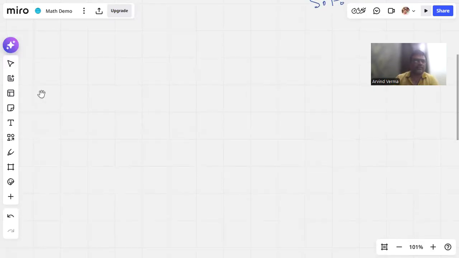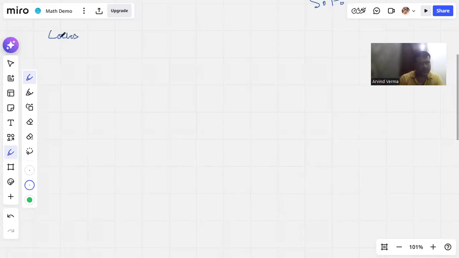So in this chapter, we have some laws of exponent, and these laws are very important.